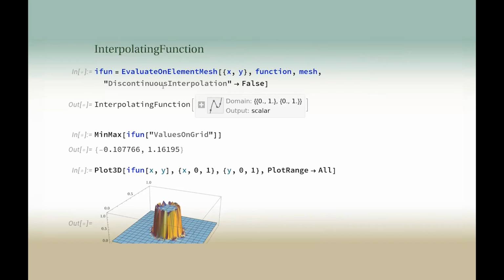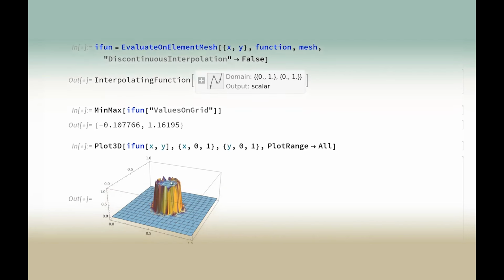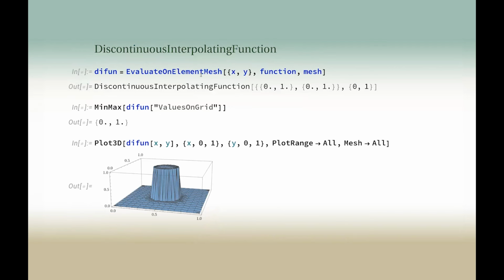If you set DiscontinuousInterpolation to False, then you get the normal interpolating function like we've used in previous versions. If you look at the min-max of the values generated, you'll see there's overshoot and undershoot, and it's even clearer in this plot. Now if you evaluate that function with the default setting, you'll get a discontinuous interpolating function.